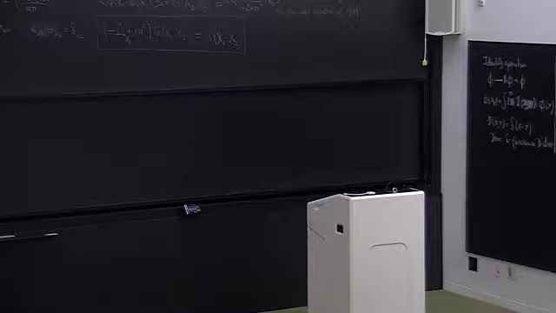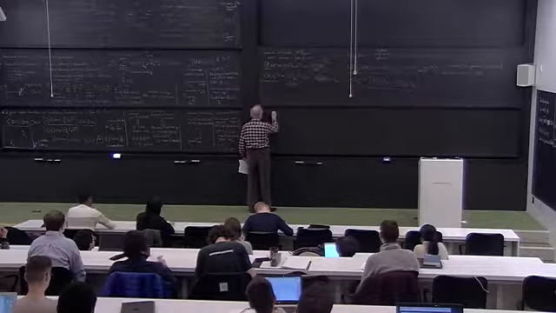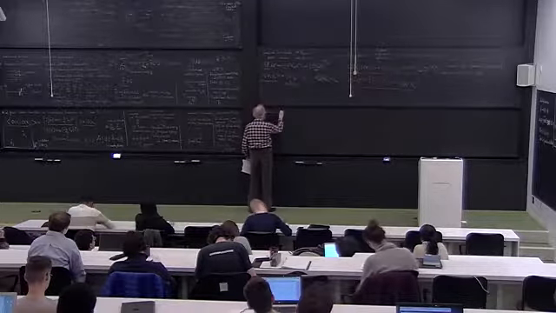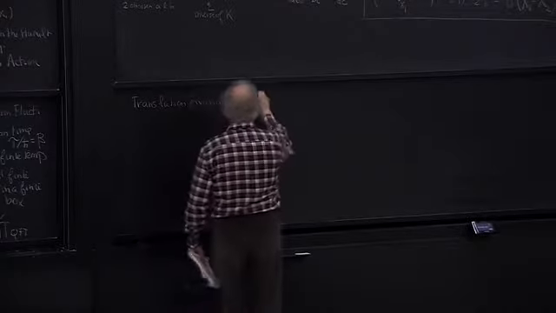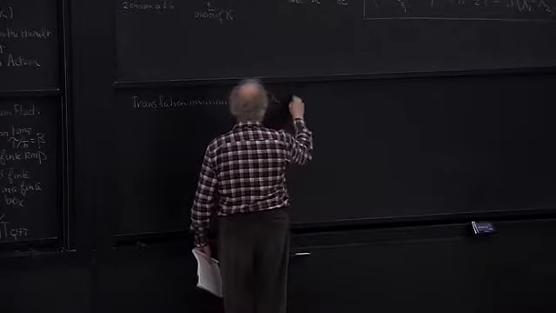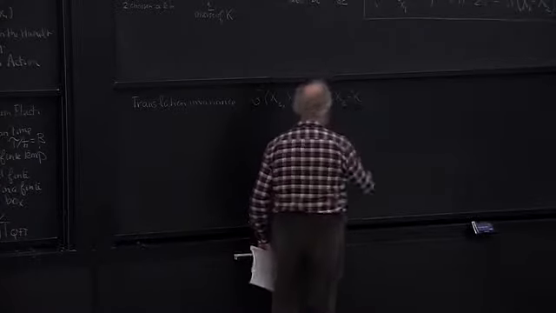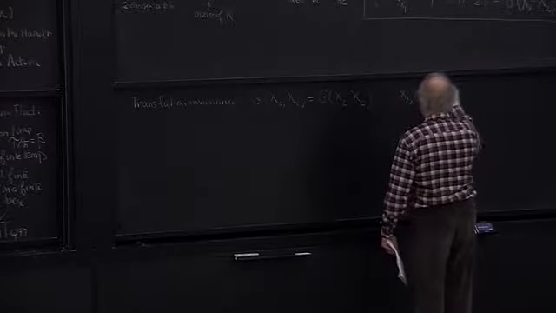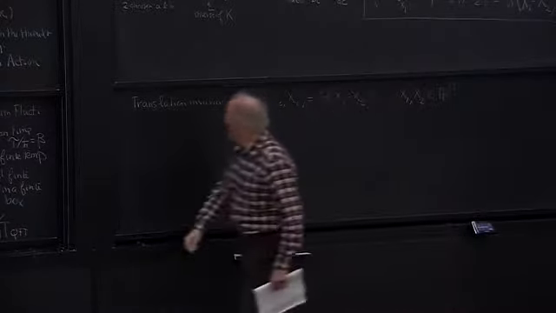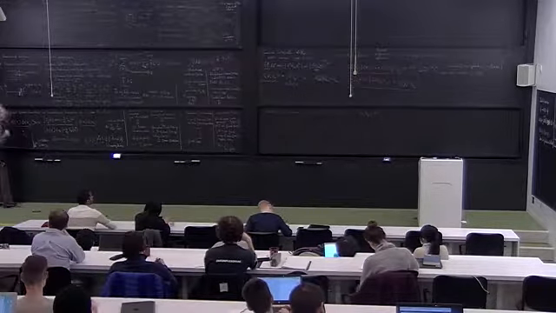First, you can notice that because of translation invariance, we expect that G of x1 and x2 will be, in fact, a function of one variable, x1 minus x2. Remember, x1 and x2 are points in d-dimensional space. So it should be just a function of the difference between the positions of the two points. And one can prove that.